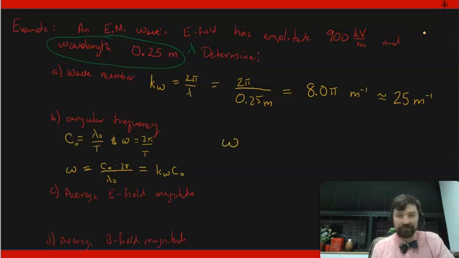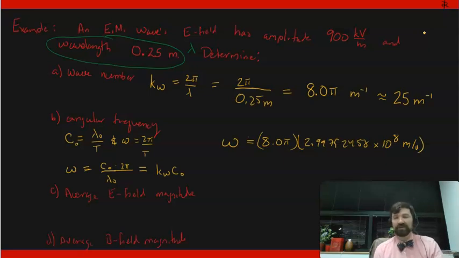So therefore, omega is equal to 8 pi times 2.9979248 times 10 to the 8 meters per second. Those of you doing this at home might round this to just 3.00 times 10 to the 8. So if I multiply my previous answer by 3, then it's going to be 75.39 something.